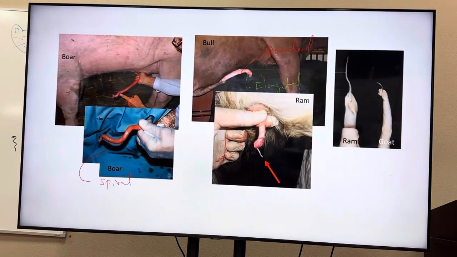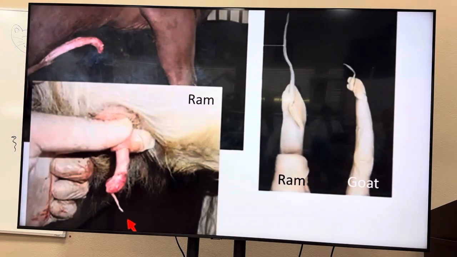So this is the penis of a goat and a ram. So these are urethral process. You see here that urethral process here is longer in ram and shorter in goats.